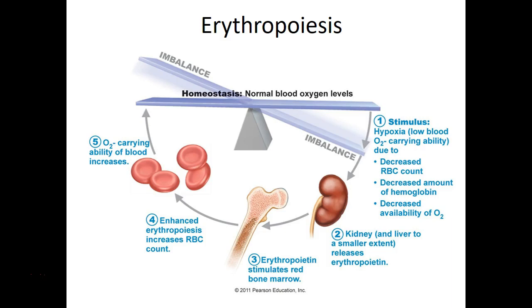What's an example of that? Yeah, elevation gain. If you go up to Mount Everest or K2, the air is a lot thinner, it doesn't have as much oxygen. All those things are decreasing the ability of oxygen to be delivered to tissues that need it. That's going to be sensed, and therefore you get erythropoietin released.